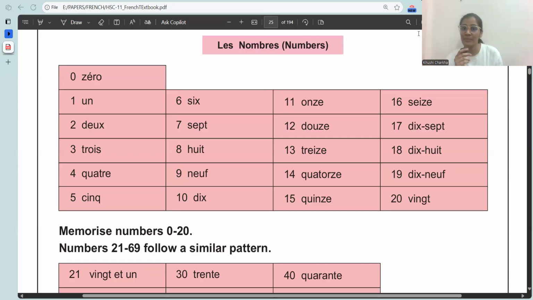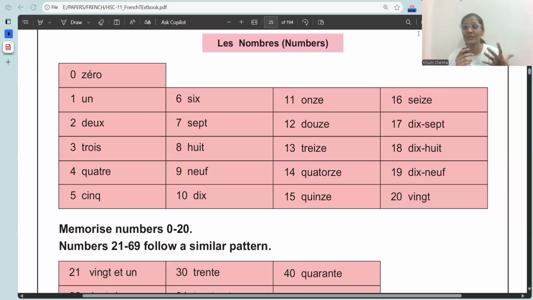Now 11 to 20. 11, 12, 13, 14, 15, 16, 17, 18, 19, 20. Again, 11 to 20.